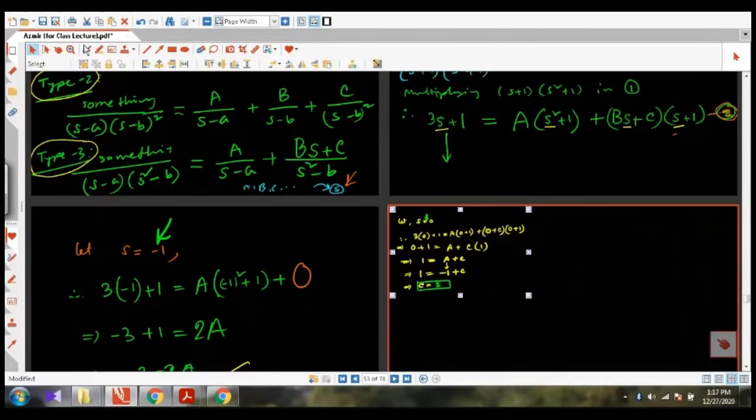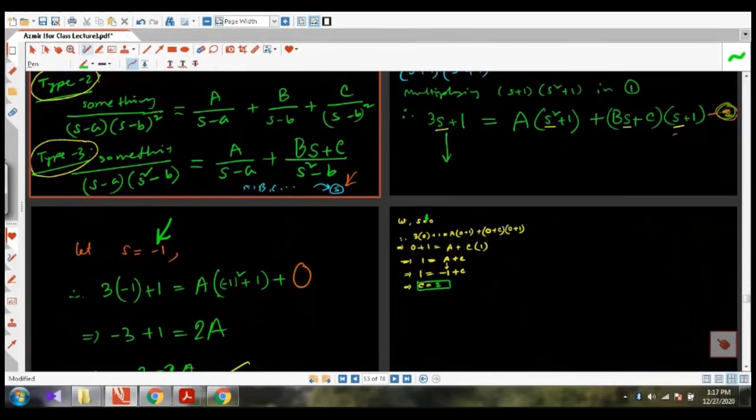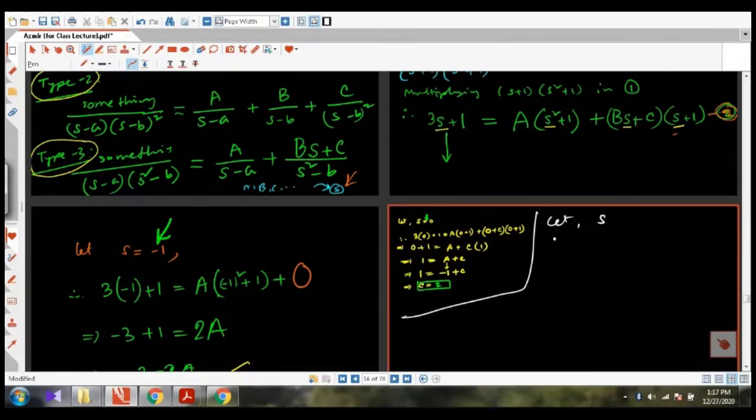So now I'm trying to input s equal to 1 in equation 2. So 3 times 1 plus 1, equal to a times s squared, 1 plus 1, plus b times 1, plus c times s plus 1, that is 1 plus 1. Please try to verify, otherwise it will be a problem.